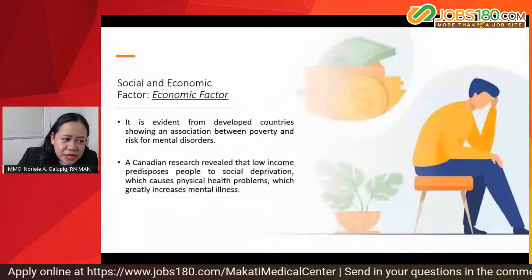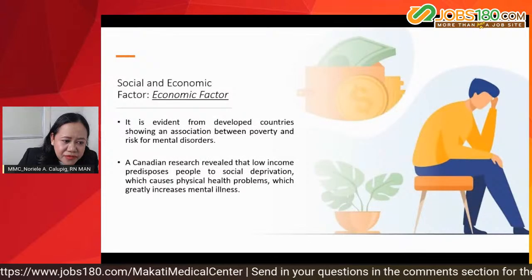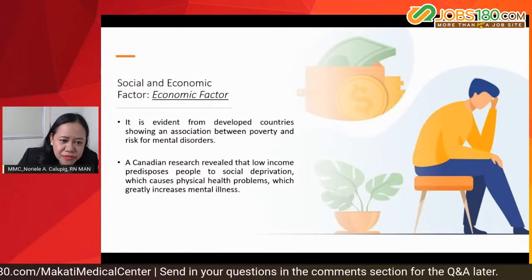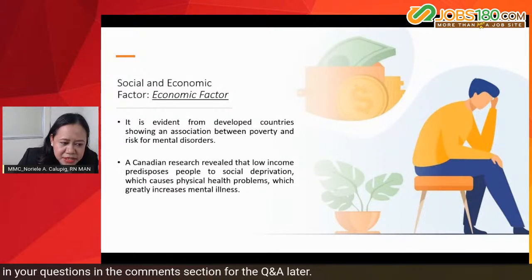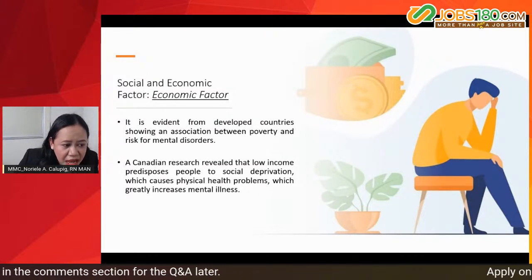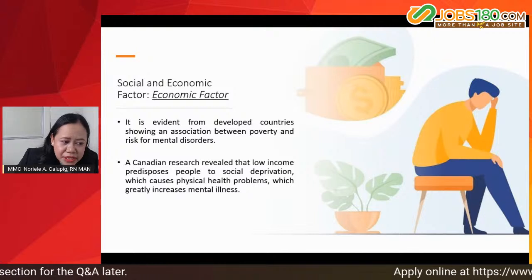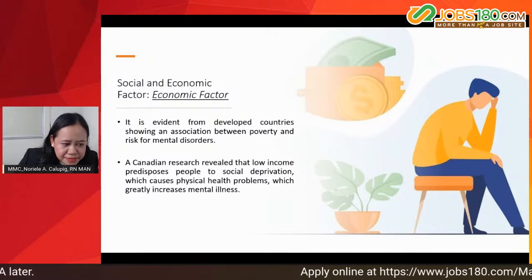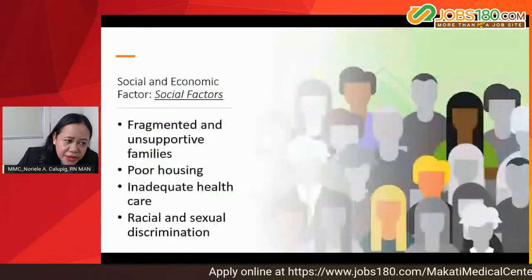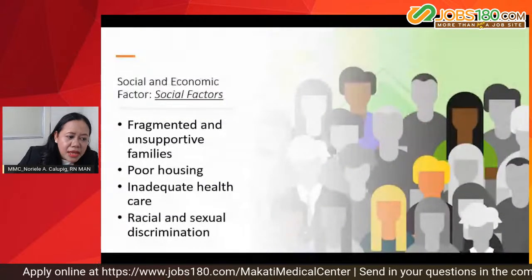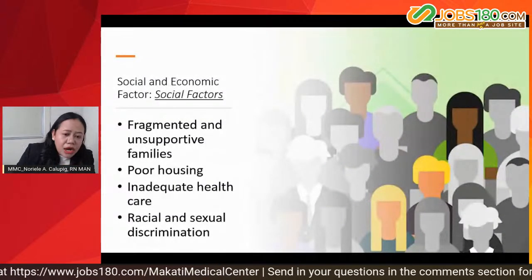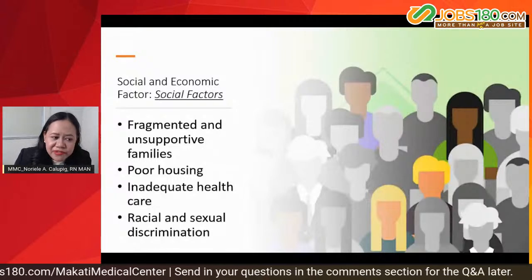And then for the social economic factors, like the economic factors, so diyan papasok yung mga unemployment, okay? Na mga tao na minsan nakakaranas ng mga discriminations in terms of unemployment. And then another one, socio-economic factors, dito social factors, ito yung mga fragmented na mga non-supportive to the families.